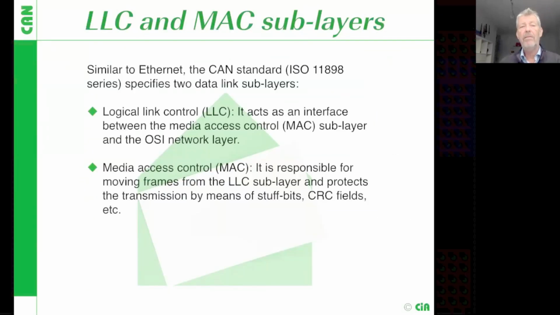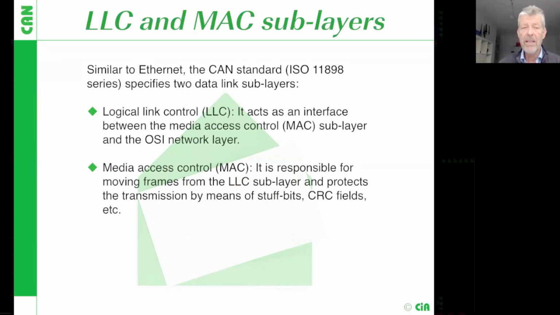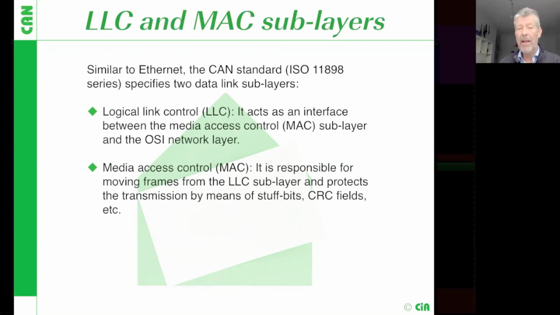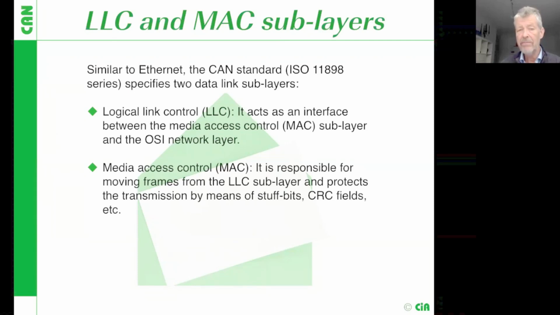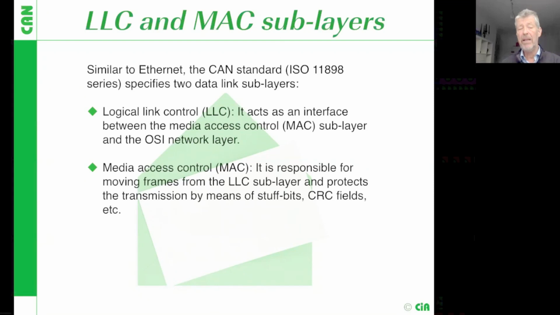So there are some similarities to Ethernet already in the CAN standard published in 1993. The ISO 11898 series specifies two data link sublayers as in Ethernet. We have the logical link layer, LLC abbreviated, and it acts as an interface between the media access control sublayer, which is the lower layer of the data link layer, and the OC network layer.